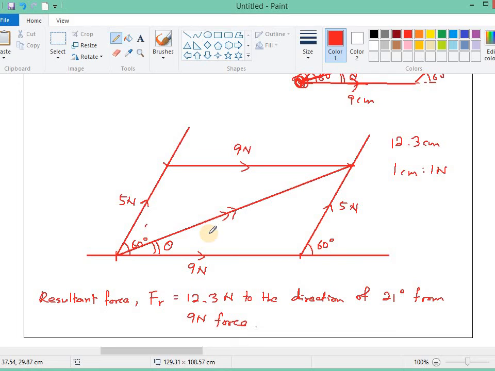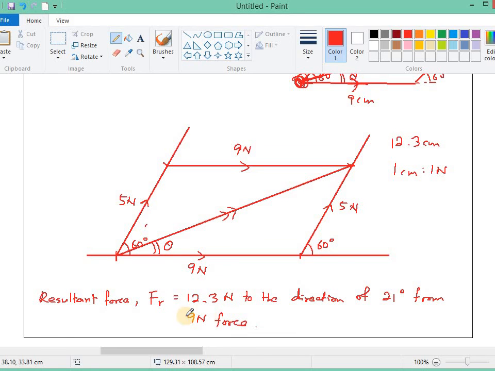That means this 12.3 Newton acting on the object, at the angle of 21 degree from 9 Newton, will be able to produce the same effect as the 5 Newton and the 9 Newton force.